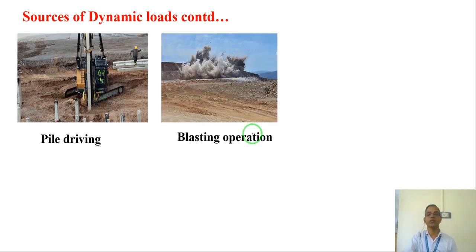Then blast operations carried out at a quarry cause vibration onto the structure. So these are the sources of dynamic loads onto structures. We need to understand the loading type, the duration of the loading, the amount of loading, its travel path, and the amount of damping by the time it reaches the structure. These are all very important to understand.